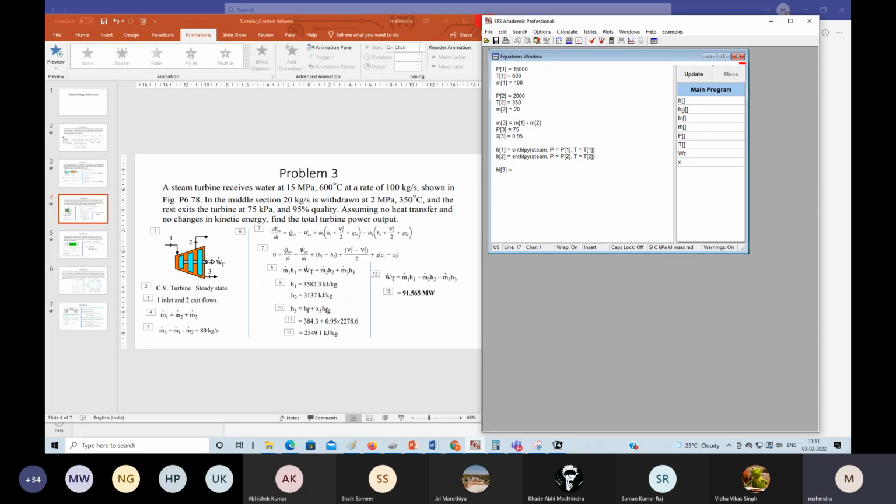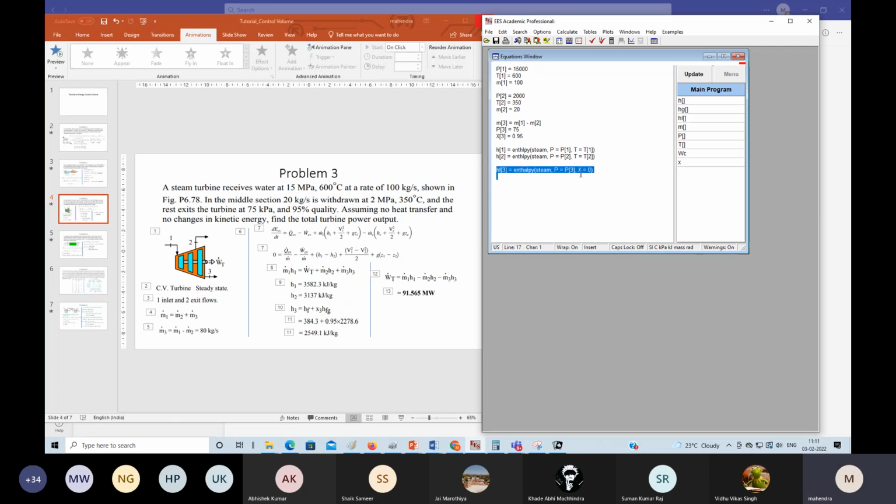HL3 equal to enthalpy, steam, P3, X0. Okay, that is HL3.